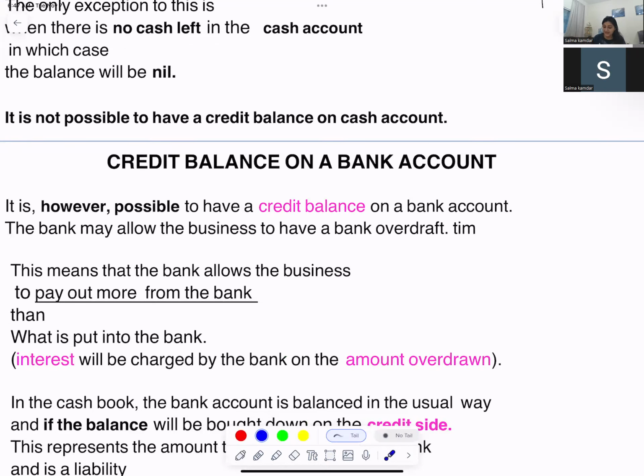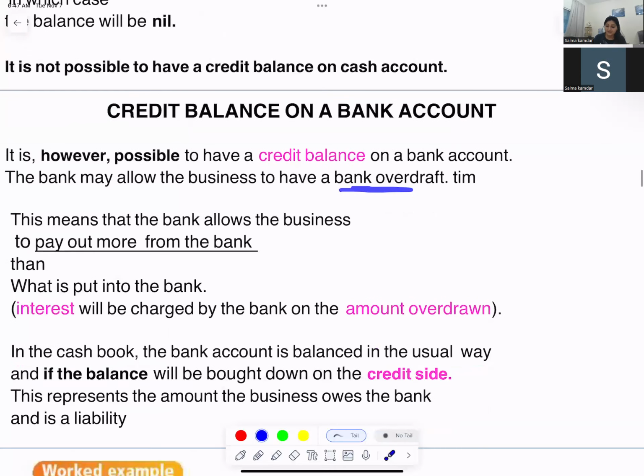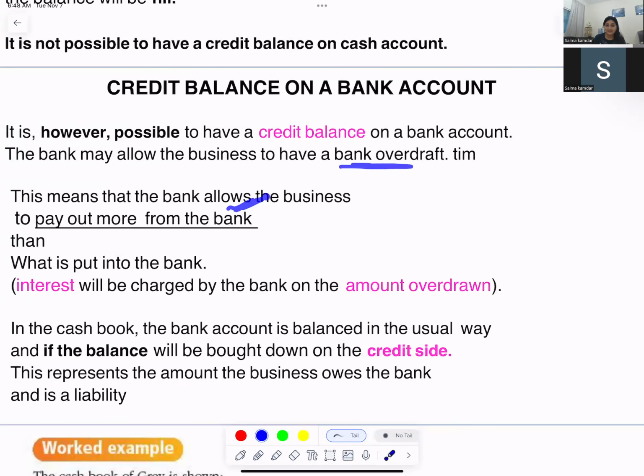It is possible that in a bank you may have a credit balance because the bank allows the business to remove more money than what you have. This is a case of a bank overdraft. This means that the bank is allowing the business to pay out more money from the bank than what is put into the bank.